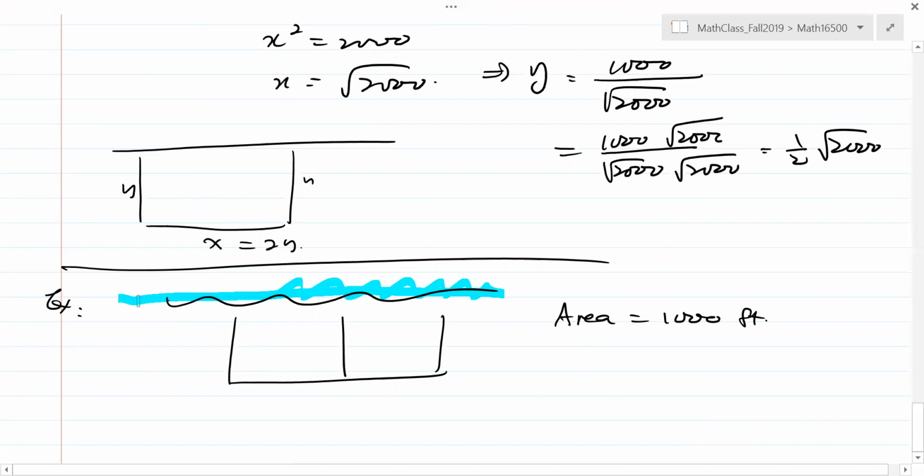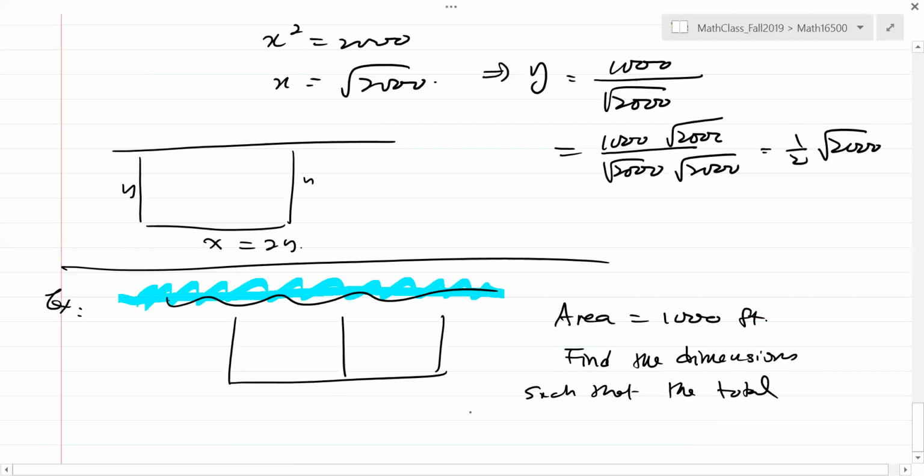Okay, this side you don't need it, right? Find the dimensions such that the total length of the fence is as small as possible, the minimum.